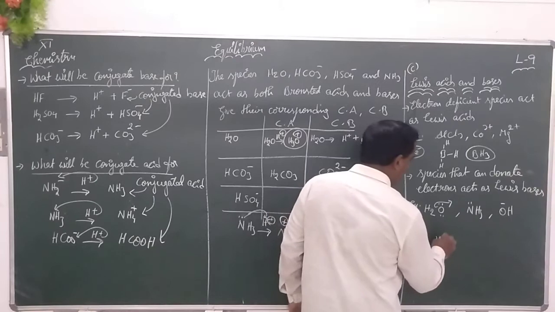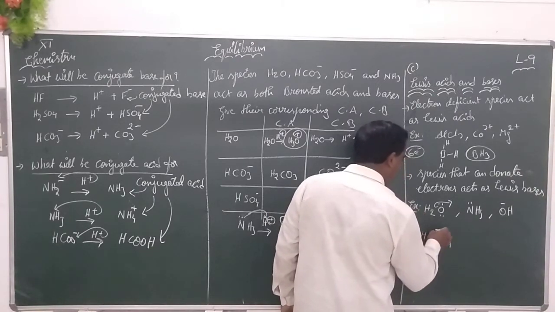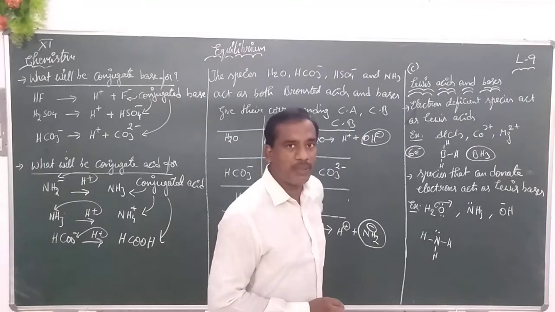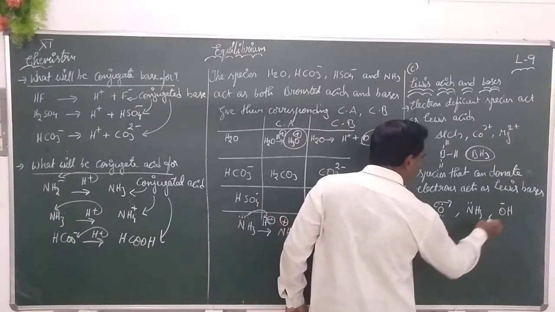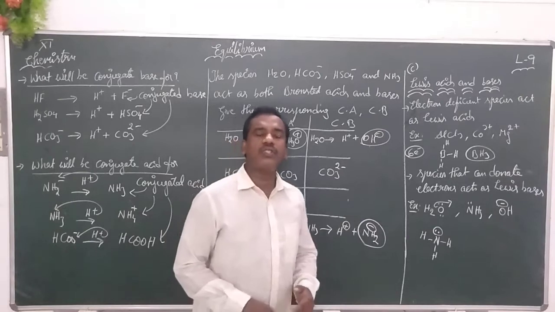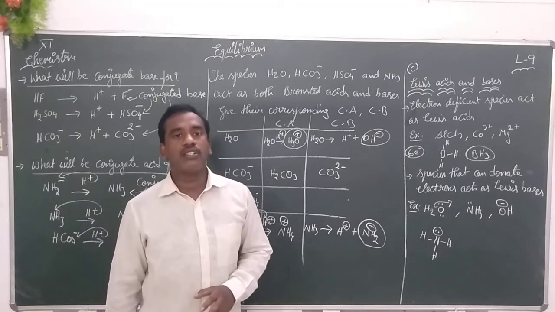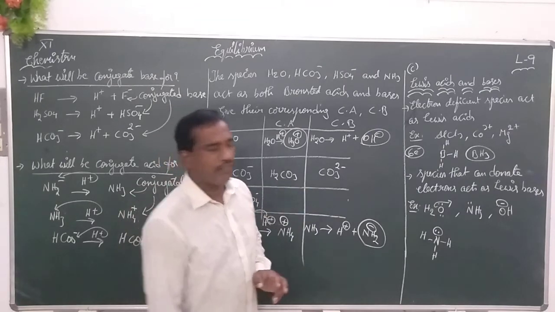Around the nitrogen we already have 3 bonds, meaning 6 electrons, and then 1 lone pair is present. So species that contain a lone pair or negative charge have the tendency to donate electrons. Such species we call Lewis bases.